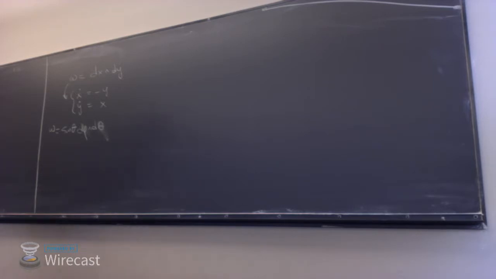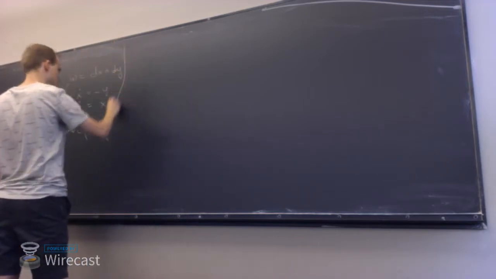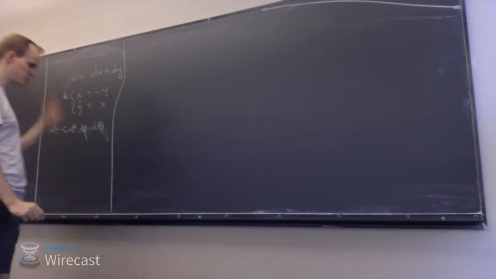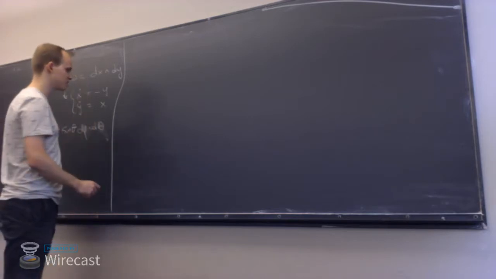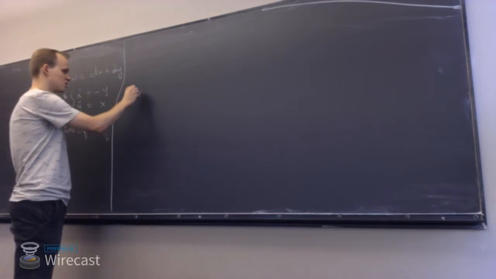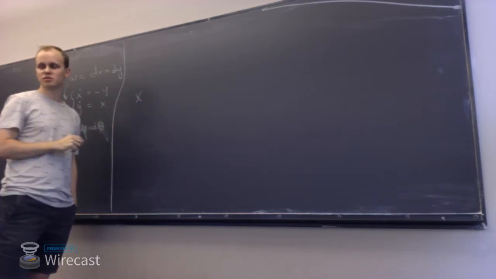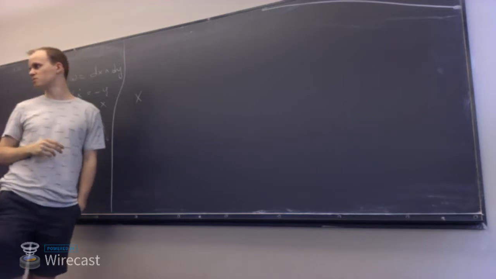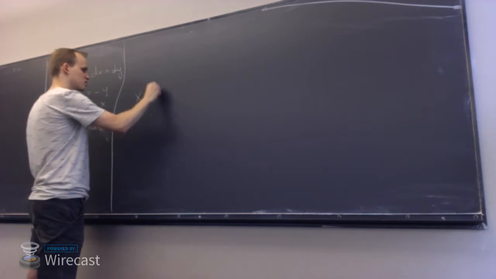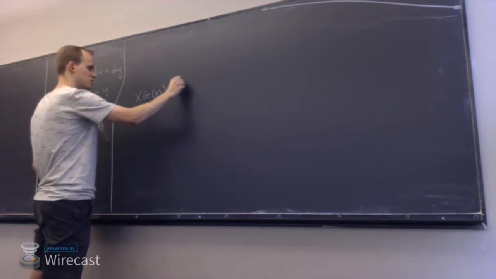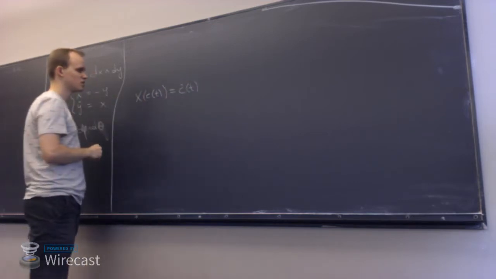So let's think about this. We've seen first order differential equations on manifolds already, right? When we defined integral curves of vector fields, the equation was that the vector field at the point of the curve is equal to the derivative of the curve, right?